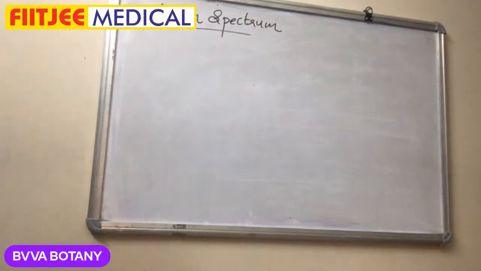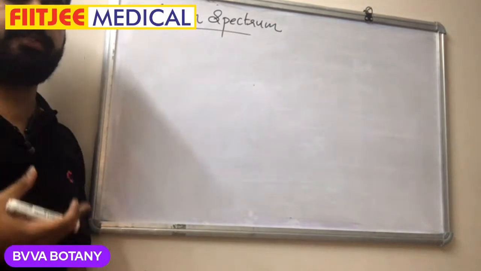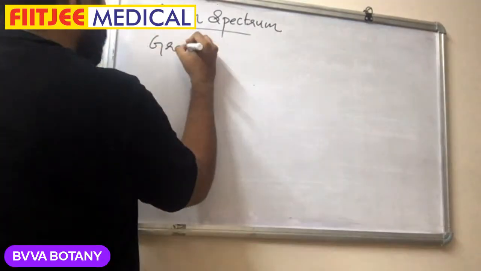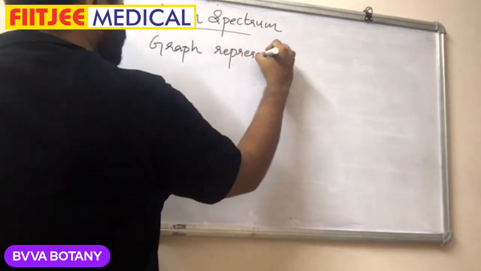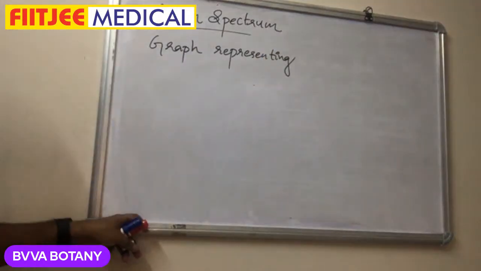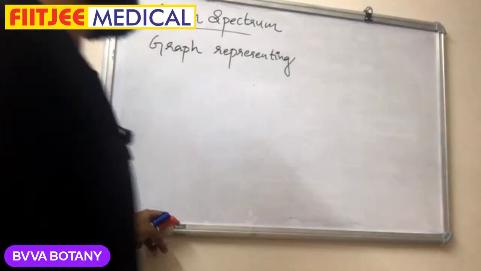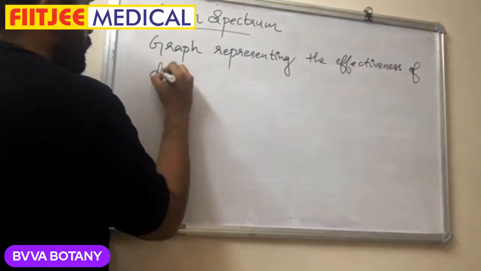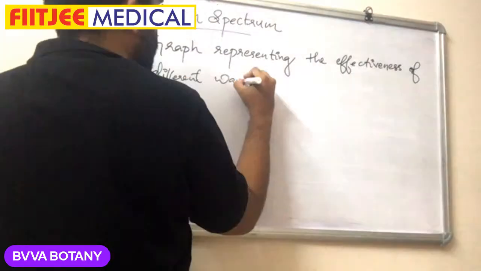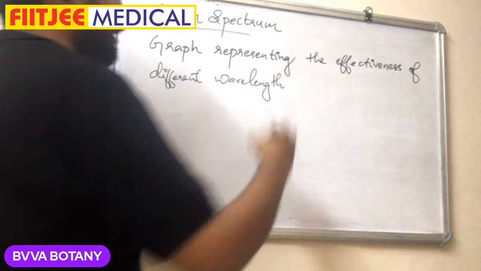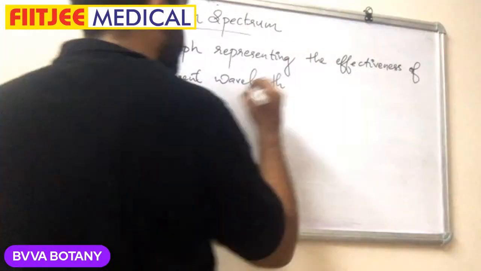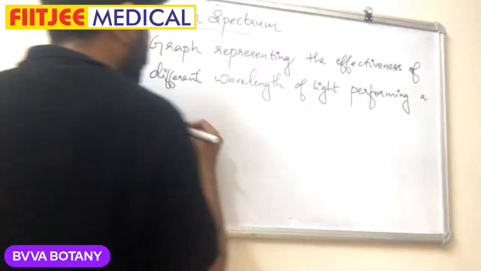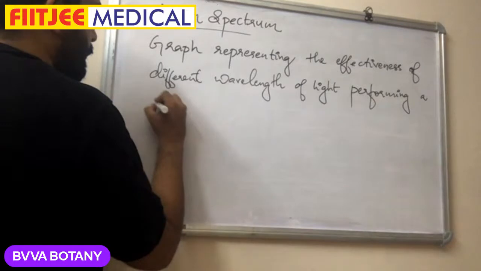It is a graph representing the effectiveness of different wavelengths in performing a function.